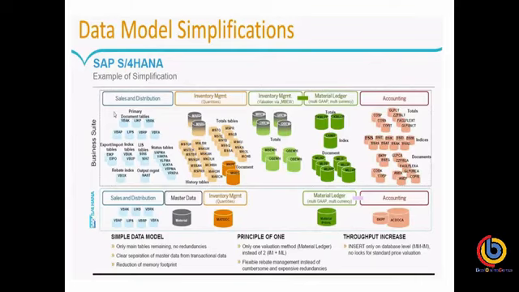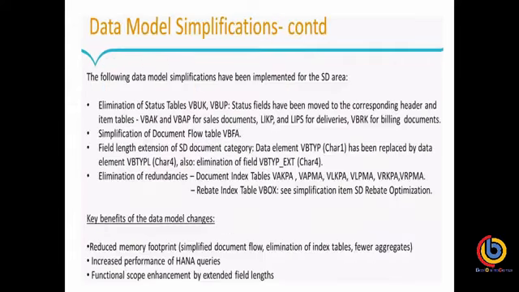Here I am just giving some examples. Elimination of the status tables VBUK and VBUP: status has been moved to the corresponding header and item tables, VBAK or VBAP, for the sales document. Similarly for delivery and invoicing also. Simplification has also been done for the VBFA tables.